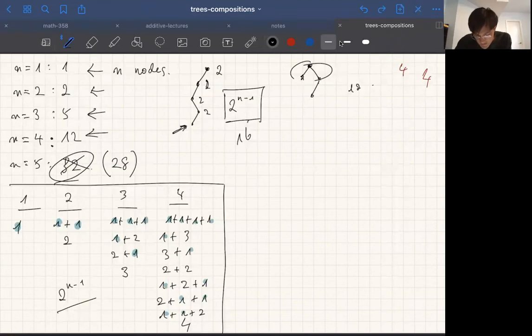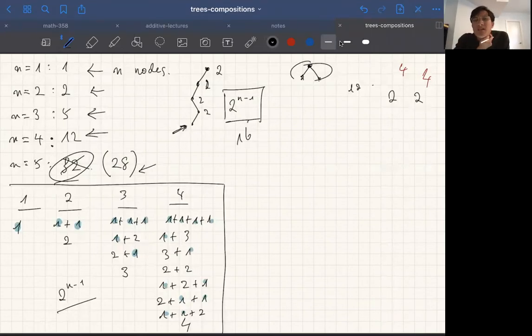But these 2 are both fair game, so there's 2 more, and then there are 2 more here. Okay, so 2. So it's 4 plus 4 plus 4, that's 12, and 16 plus 12 is 28. So that's correct for n equals 5.